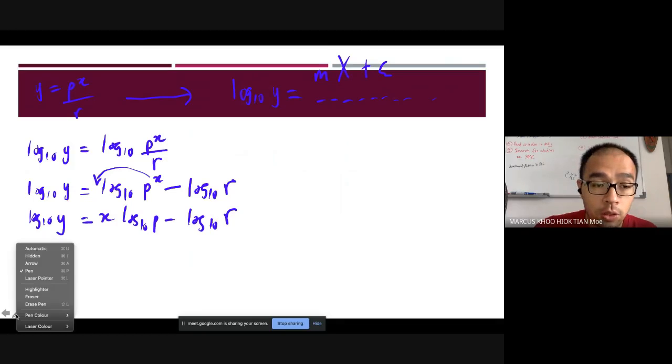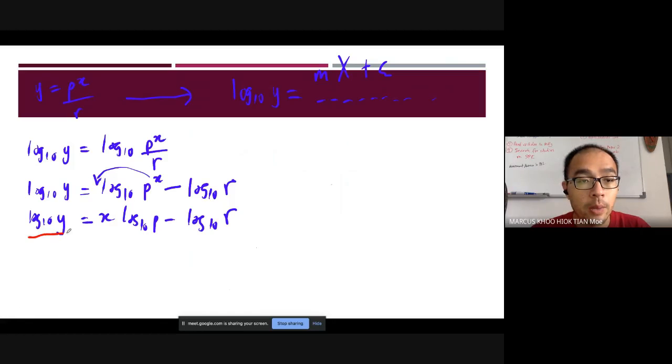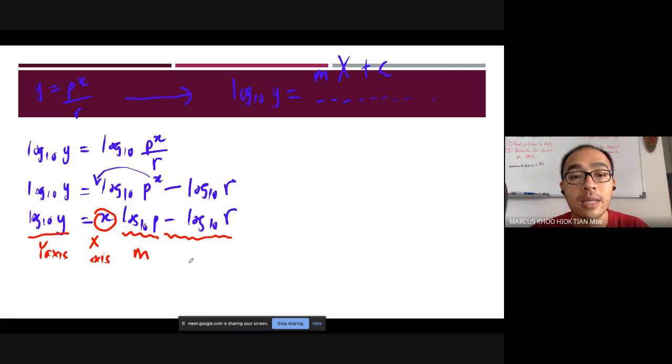Now, if we follow the rule of y equals mx plus c, we know that this is our y-axis and this over here is our x-axis. So the one beside the x-axis is our gradient. Therefore, this whole thing, including the negative sign, is our y-intercept.